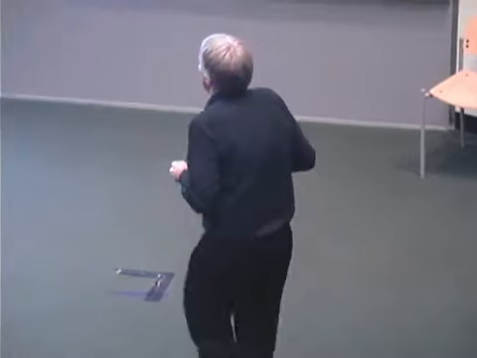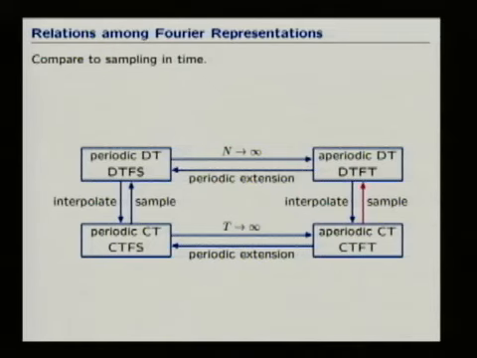The periodic extension, convolving with an impulse train, was the same as multiplying by an impulse train in frequency, which has the effect of sampling the frequency response. Okay, so now the effect of moving this way was the same as sampling in frequency. Well, what happens if you actually sample in time, which is what you do when you go up? It's got to be analogous, right?